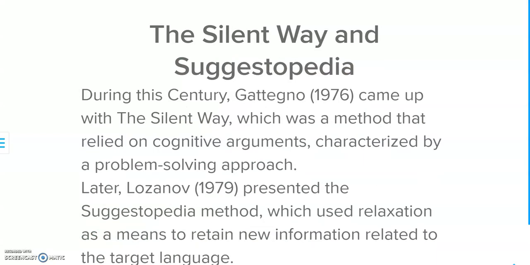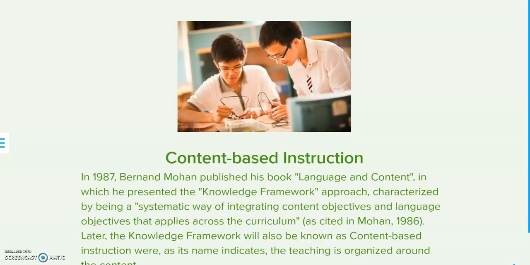The Silent Way in 1976 relied on cognitive arguments, while Suggestopedia in 1979 used relaxation as a means to retain new information.